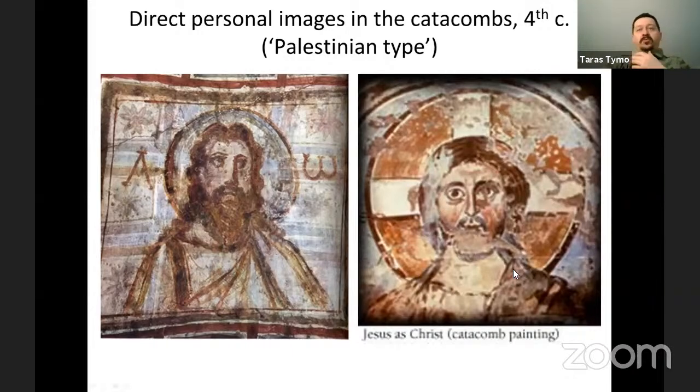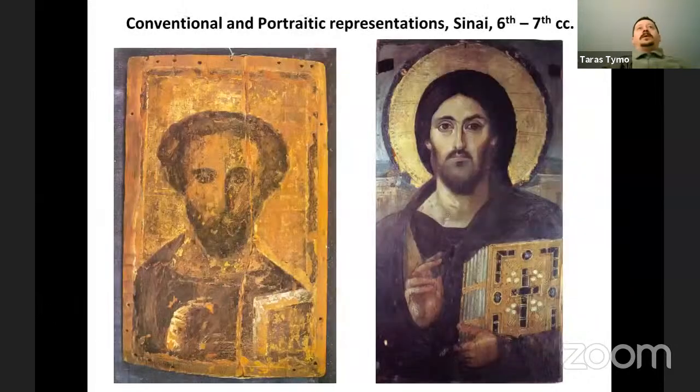Also, it has a few words about the beard, that Jesus' beard was split, kind of split in two, and about the color of his skin, that it was dark, as is the case with people in Palestine. Eventually, this Palestinian type of representation of Jesus develops into something like this.